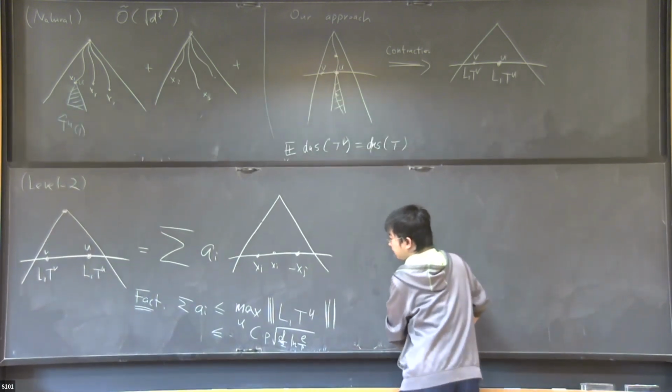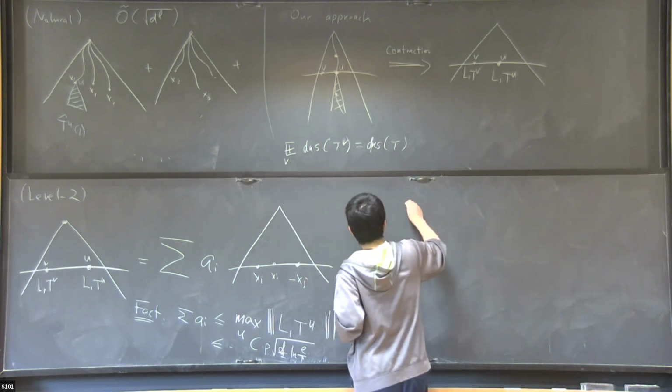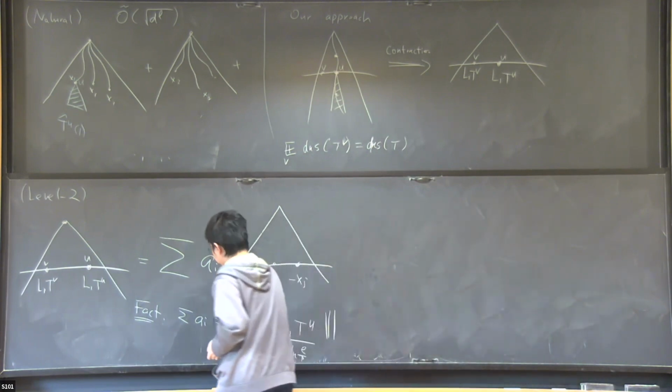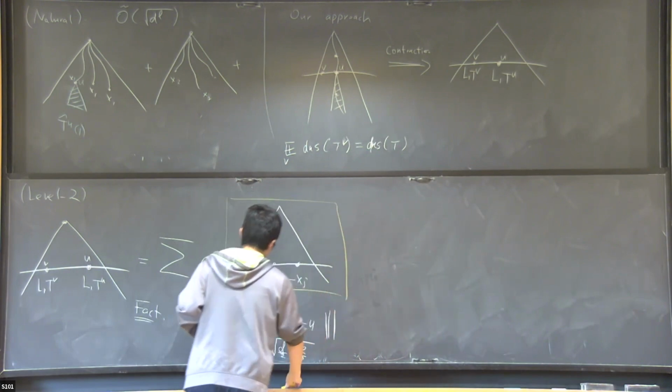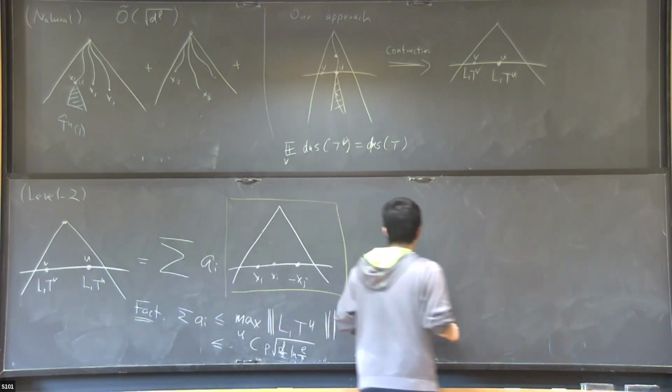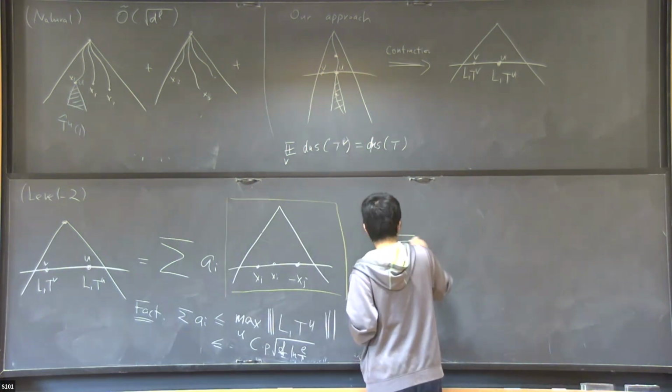And then for this tree, let's just focus on a tree whose leaves are labeled by single variables. I think what we will do is kind of clear.